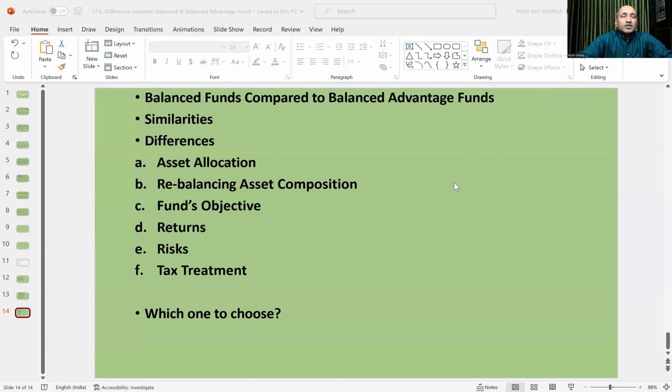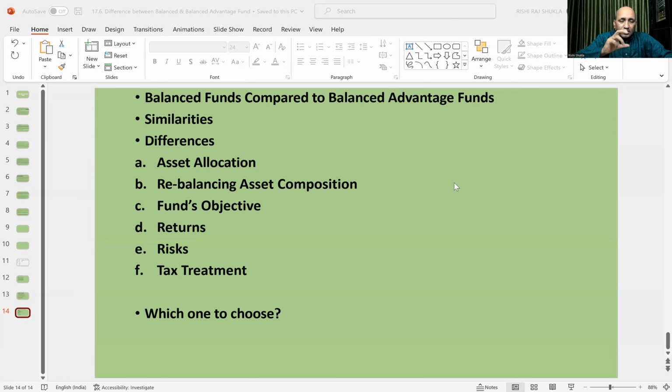Now, last is tax treatment. A balanced advantage fund is treated as equity because in the market they are investing more than 65% in equity, or fund managers try to invest more on the equity side, and even if market condition is not so favorable, they can invest in available arbitrage, and that is also treated as equity.